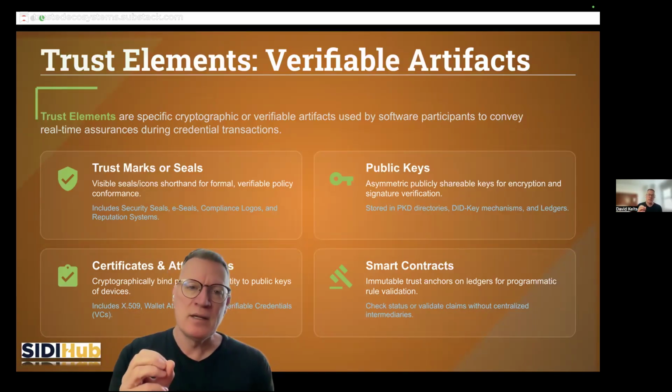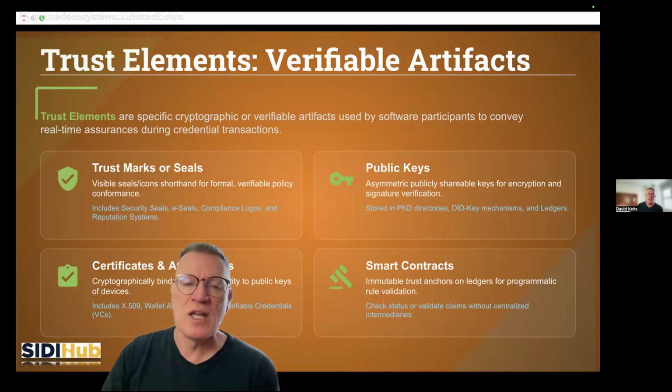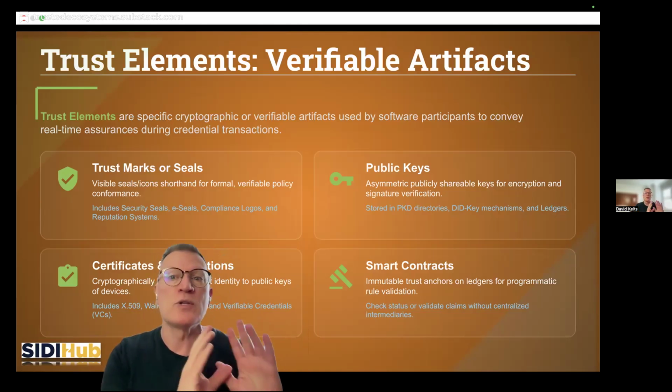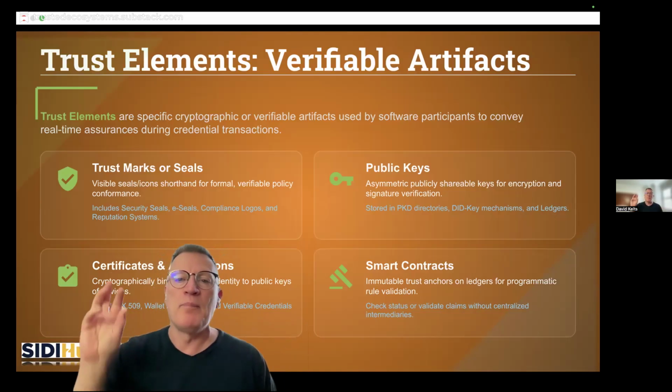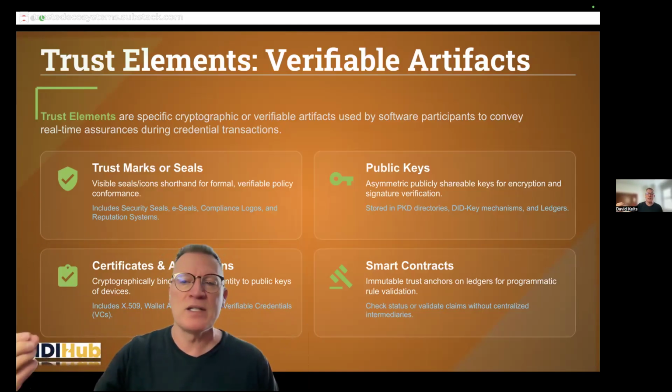A trust element in this terminology is a verifiable artifact that could be received. They could be visual only, as in trust marks or seals. The user sees these. They could be the public keys that are retrieved from directories or ledgers or any other mechanisms.